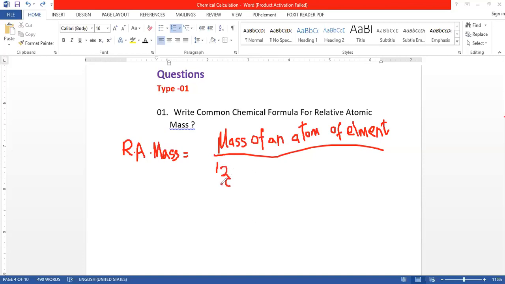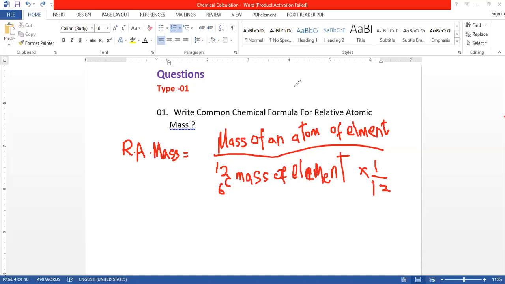Mass of a 12C carbon atom. Mass of atom of the element into 1 over 12. This is the answer.